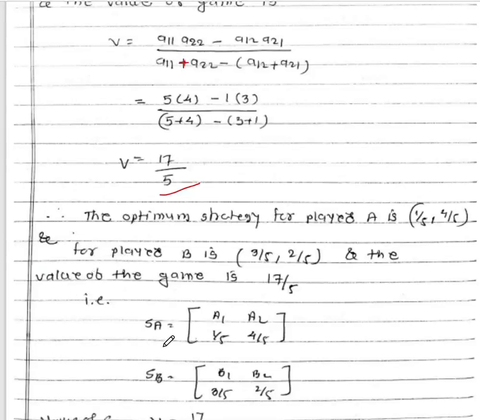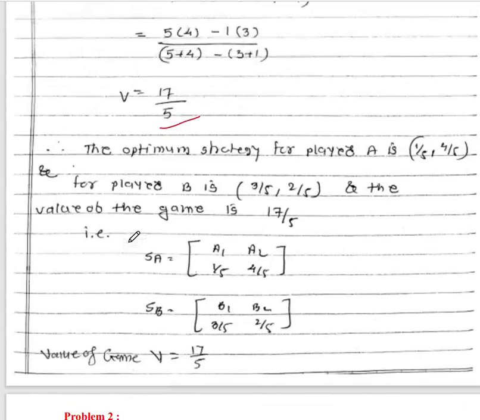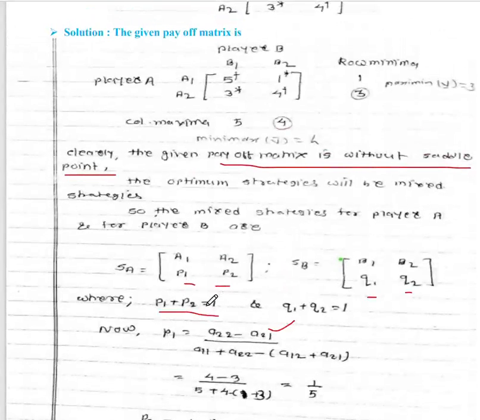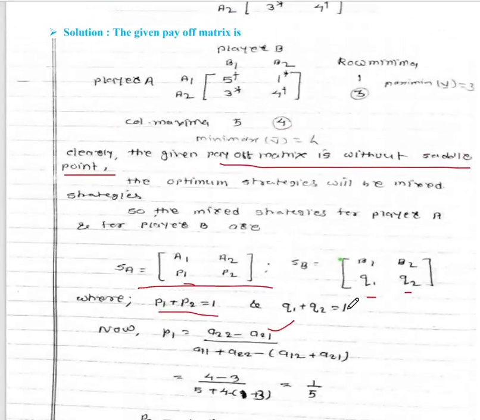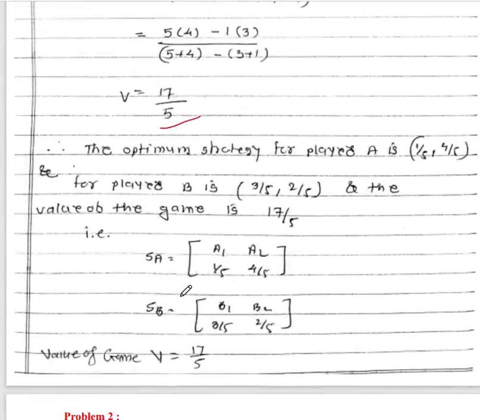Or we can write the optimum strategy in this form, putting the values of p1, p2, q1, q2 in this table. The optimum strategy for player A is a1, a2 with probabilities 1 by 5, 4 by 5, and for player B is b1, b2 with probabilities 3 by 5, 2 by 5, and the value of the game V is 17 by 5.